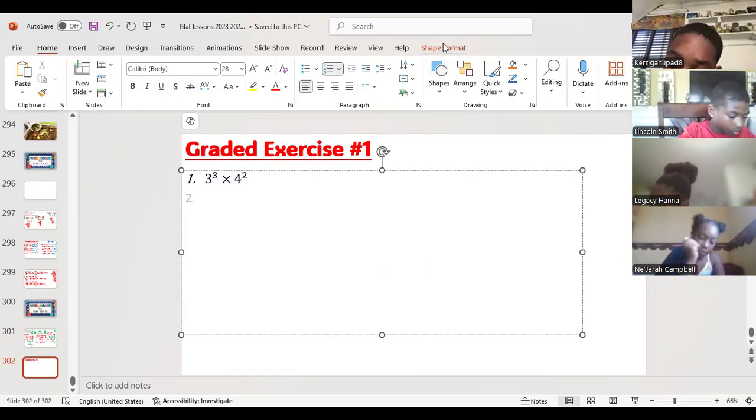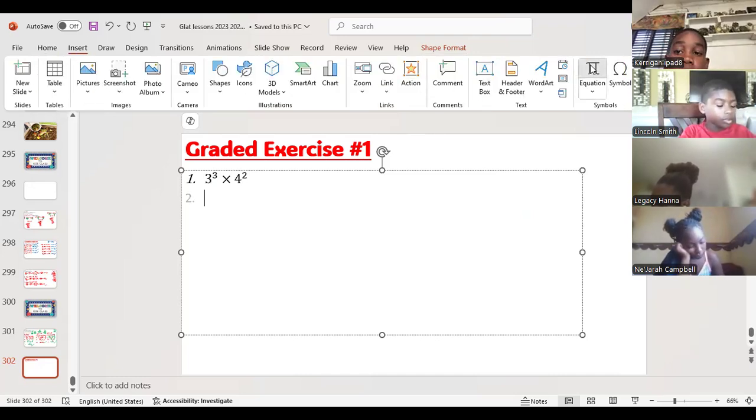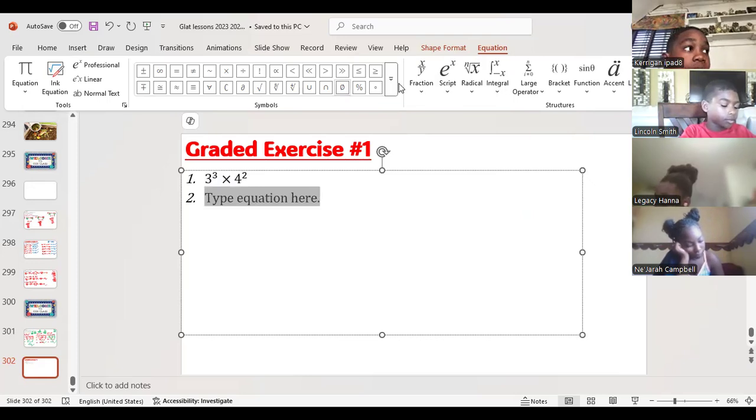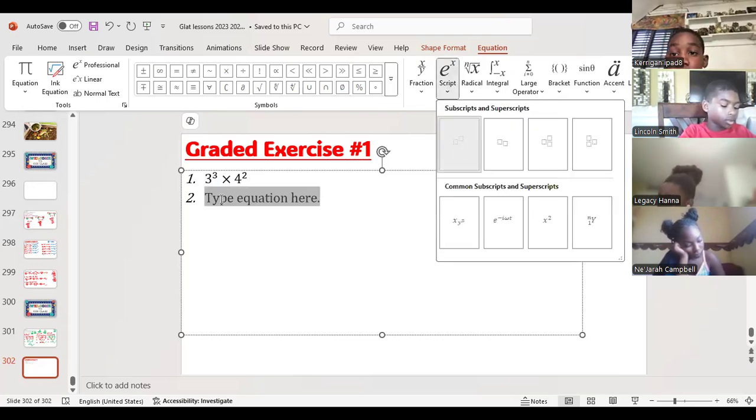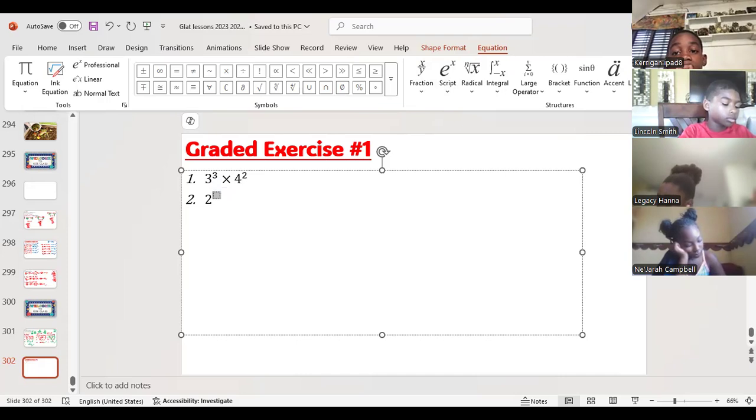The second one, let's say we have 2 to the 3rd power multiplied by 8 squared.